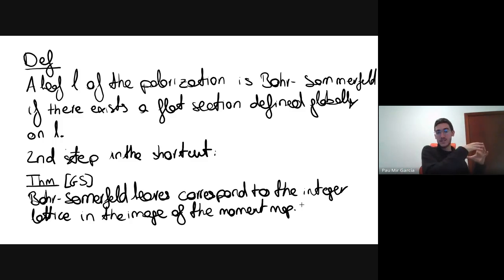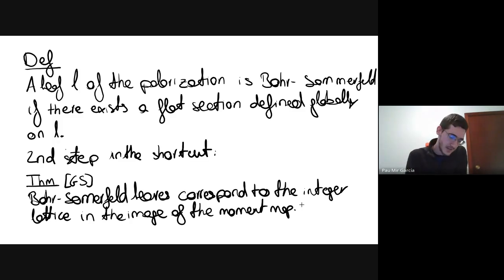Each leaf corresponding to one of these integer points is a Bohr-Sommerfeld leaf. If you count the number of integer points, it's the same as counting the Bohr-Sommerfeld leaves, so you are counting essentially the dimension of the quantization space. This is the second step in the shortcut to compute geometric quantization.